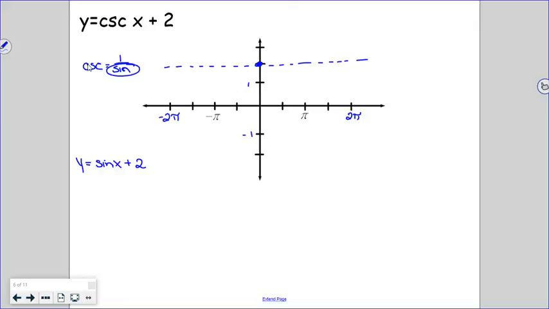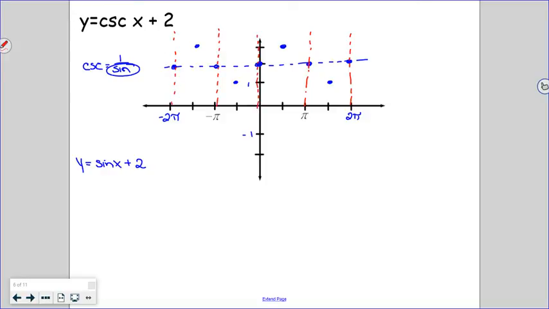So I'd start there, over 1, up 1 from my midline, back to my midline, down 1 below my midline, back to my midline, all relative to my midline. Every place the sine curve hits the midline is the asymptote. I don't really care how far you draw those, but they do need to be in there.